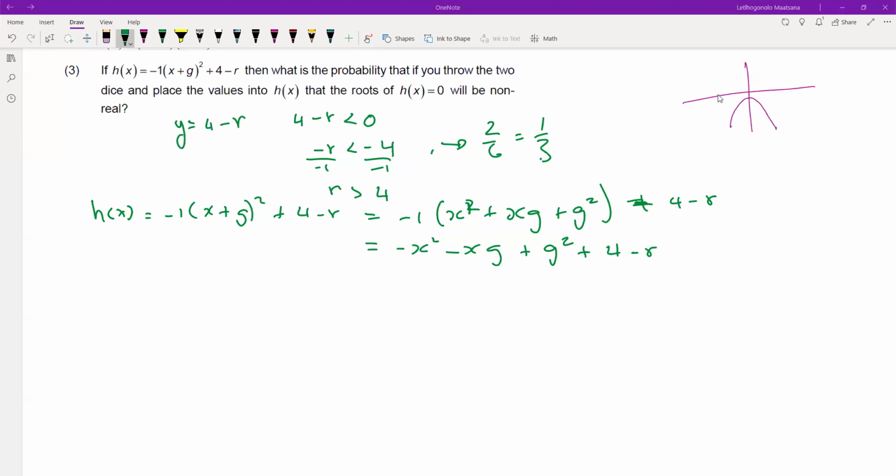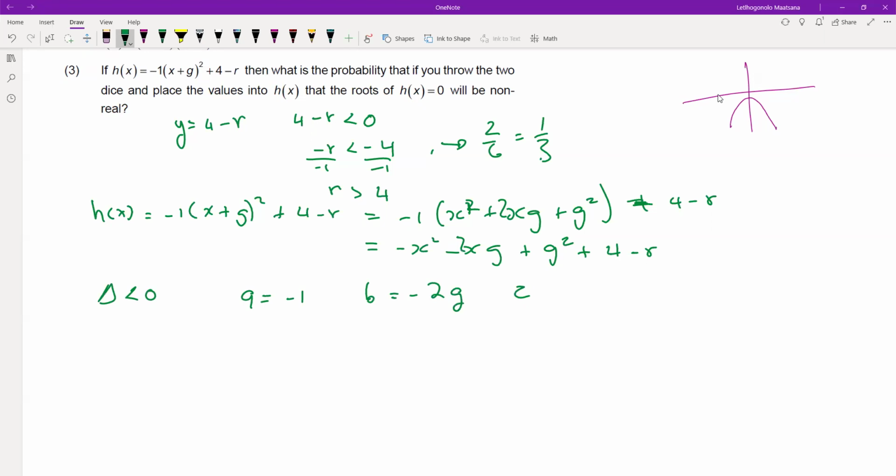So in order for us to have non-real roots, our discriminant needs to be less than 0. If we look at our equation, our a is equal to negative 1. Our b is equal to minus 2g.